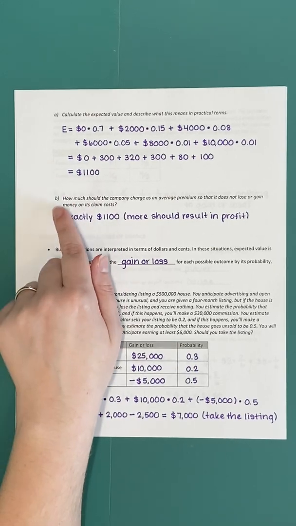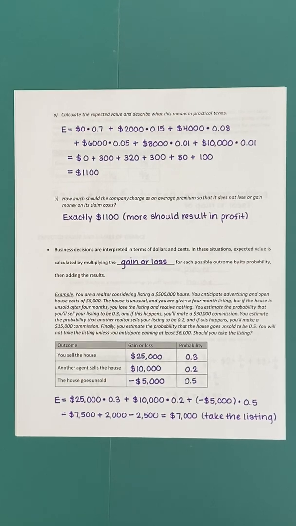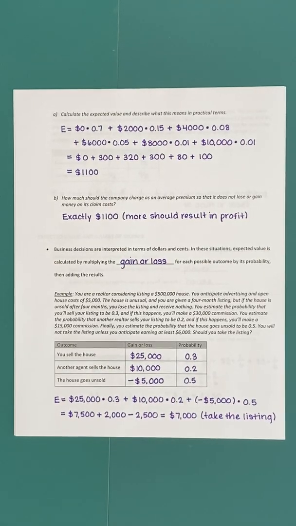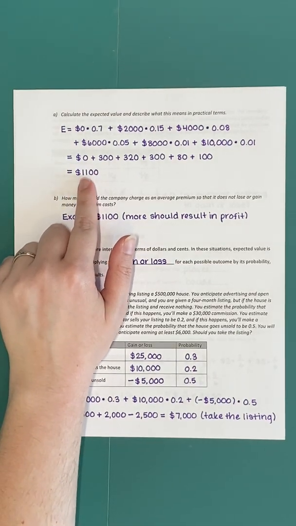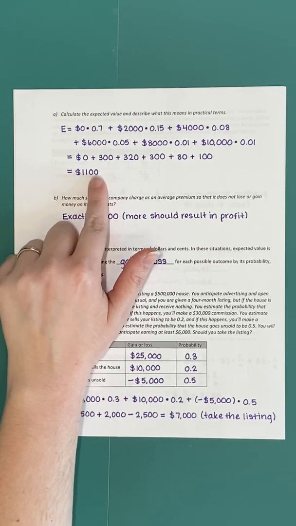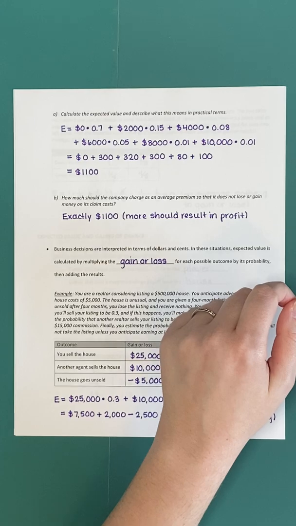So what does that mean in terms of the next question? The next question is, how much should the company charge as an average premium so that it does not lose or gain money on its claim costs? So the premium is how much they're going to charge you in order for you to subscribe and to get the benefits. Well, if they expect the average claim to come out to $1,100, this is the average claim amount over a long-term analysis.